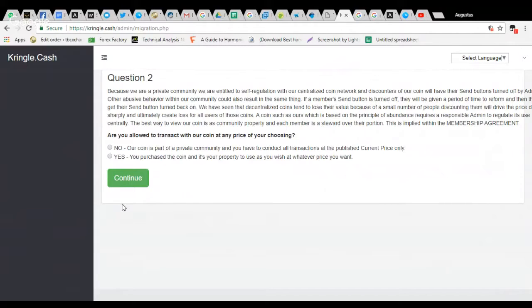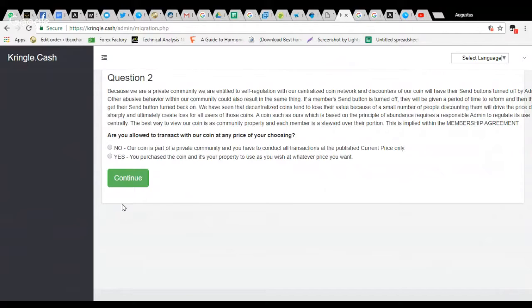We have seen that decentralized coins tend to lose their values because a small number of people discounting them will drive the price of the coin down sharply and ultimately create loss for all users of the coin.